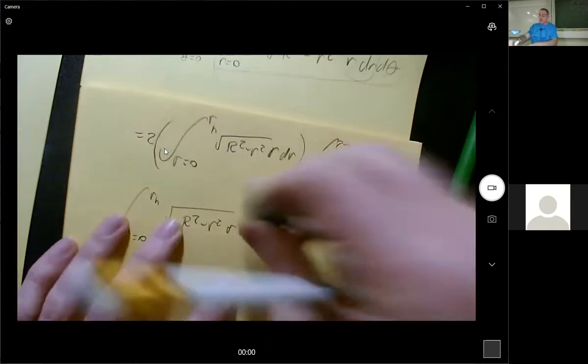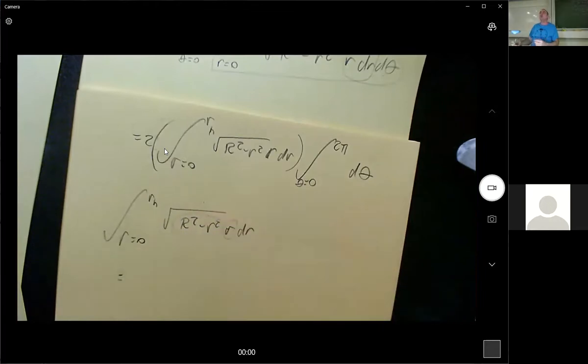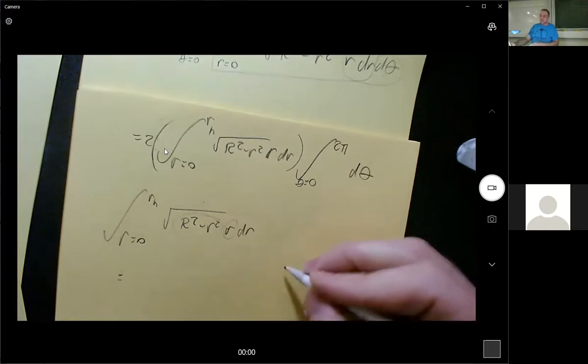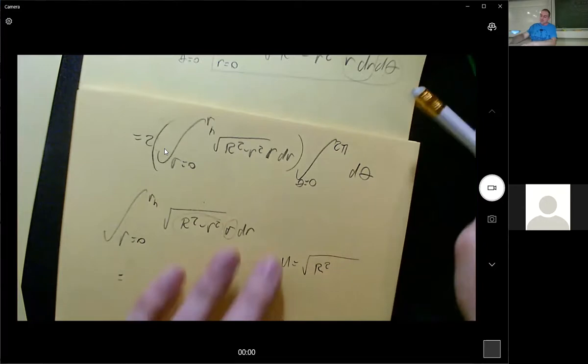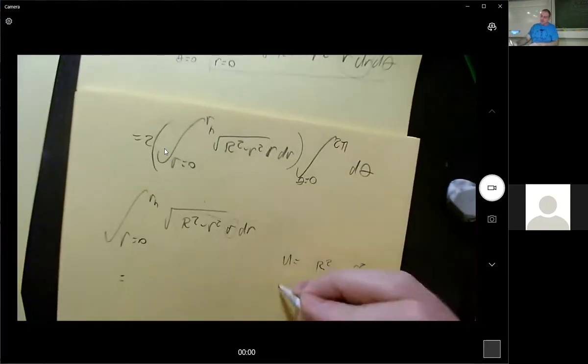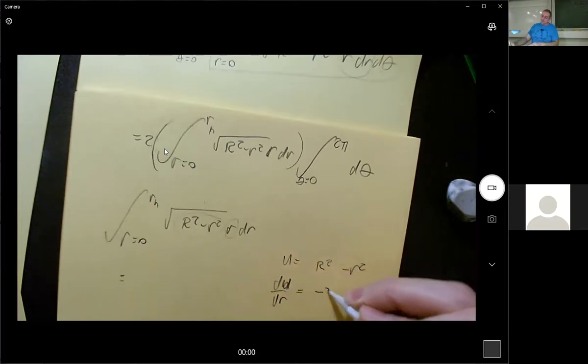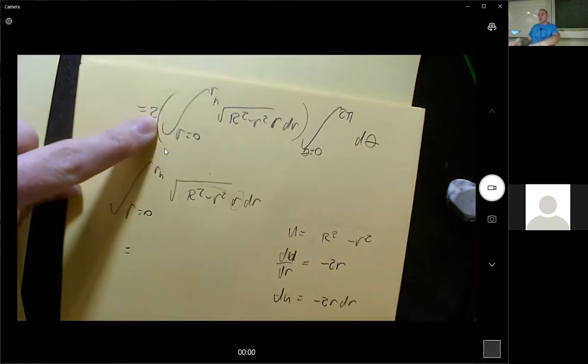I notice that this is nearly the derivative of this, so I would do that with ordinary substitution like I did back in Maths 1A. Oh, cool. Can I bring this 2 in? Because there's a 2 here.